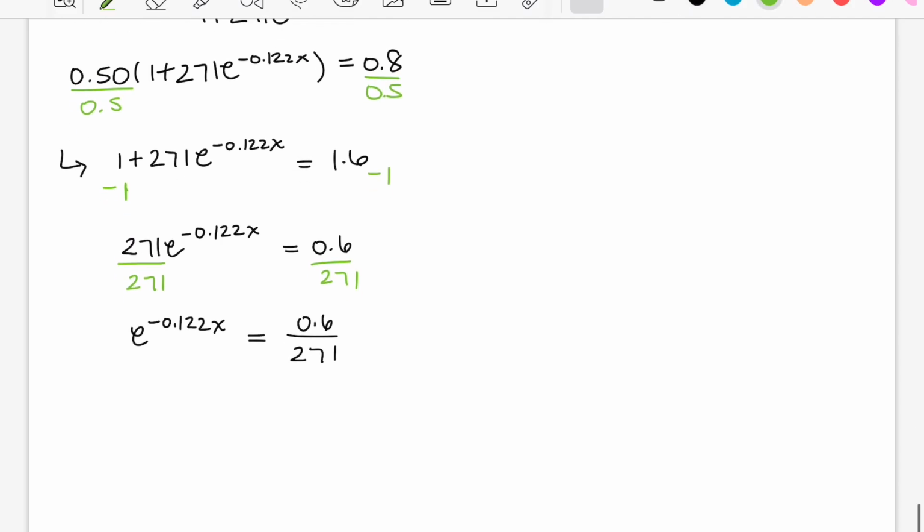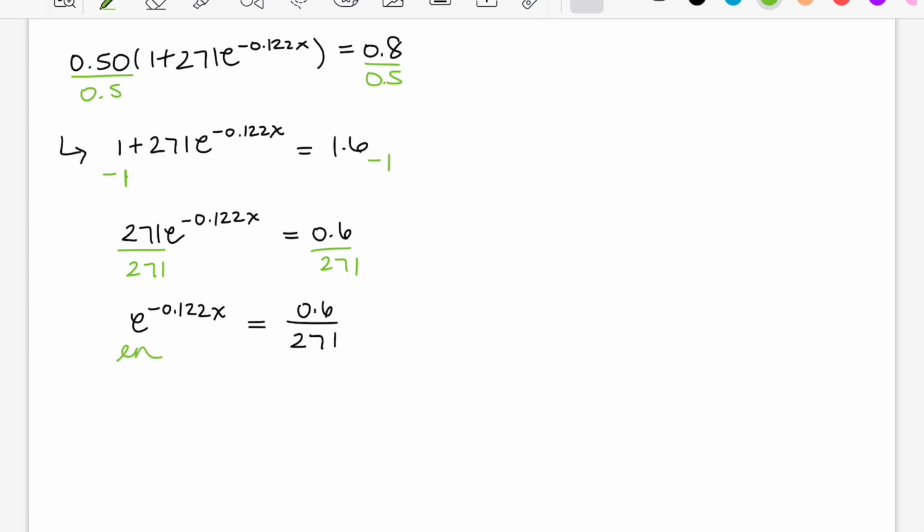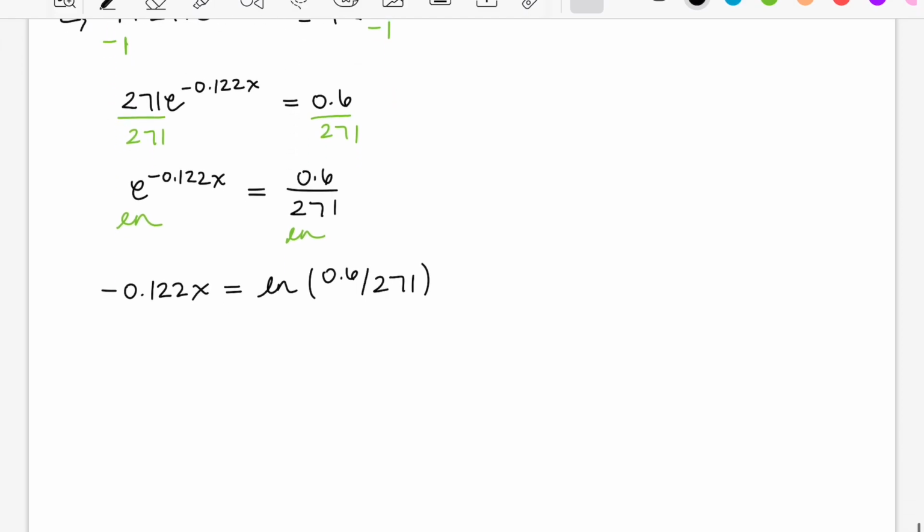And then again, we'll use our natural log here to bring this exponent down. So we'll get negative 0.122x equal to ln of 0.6 divided by 271. And then lastly, we'll divide by this guy on both sides to get x alone.